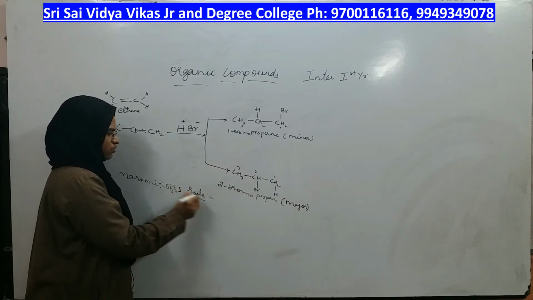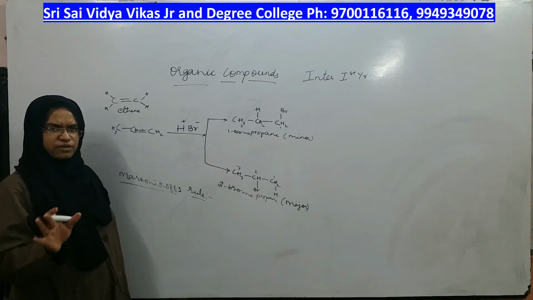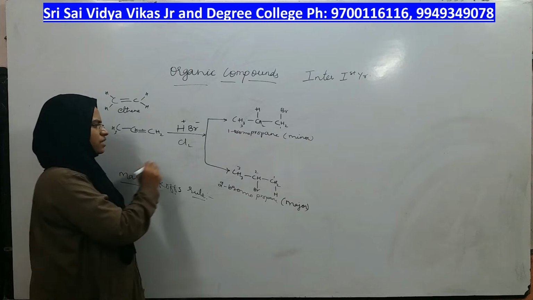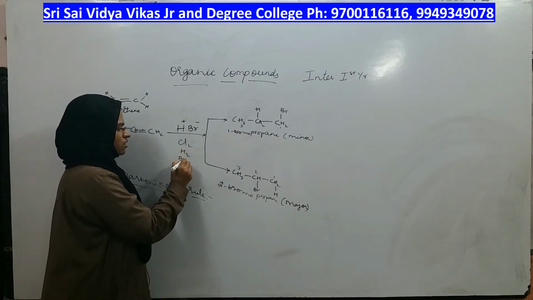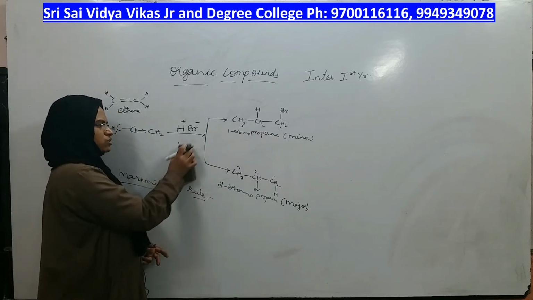What does Markovnikov's rule state? Markovnikov's rule cannot be applied if this reagent is added, or this reagent is added, or this reagent is added. During these reagents that rule is not applied.